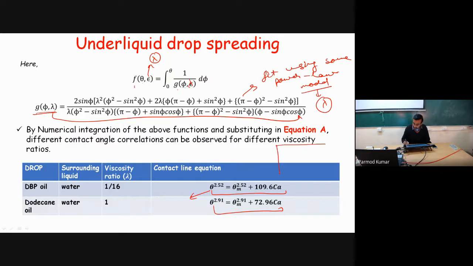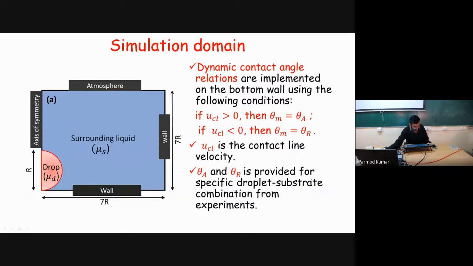The only difference in our simulation is that the drop is of DBP oil and the surrounding, in place of air, is now water, and this equation is substituted for the boundary condition on the bottom surface. Once we substitute this by considering this type of simulation domain, you can see over here the details are given.